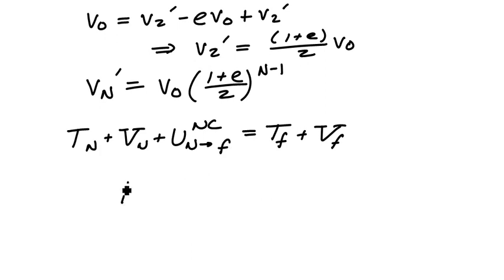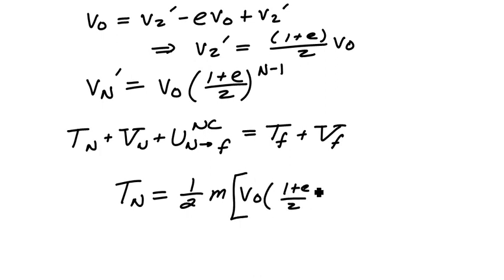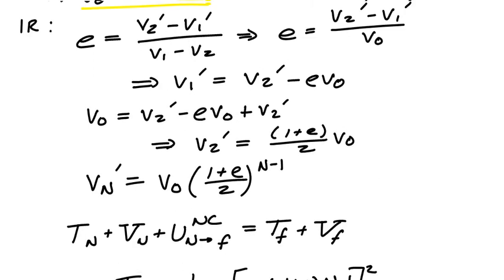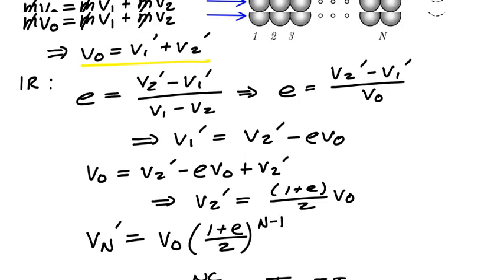We know the kinetic energy of the nth particle post-impact is going to be 1/2 times the mass times its velocity squared, which is going to give me v0 times quantity (1 plus E) over 2, to the n minus 1 power, all squared. V_n is going to be a function of where we put our datum, so let's choose our datum to be up at the top, at the anchor point of that nth particle.